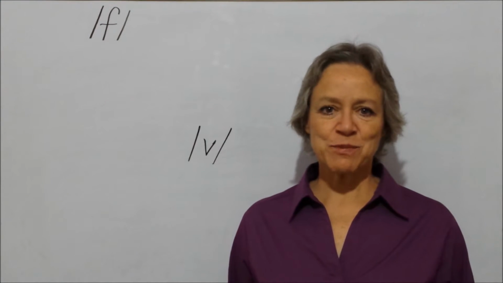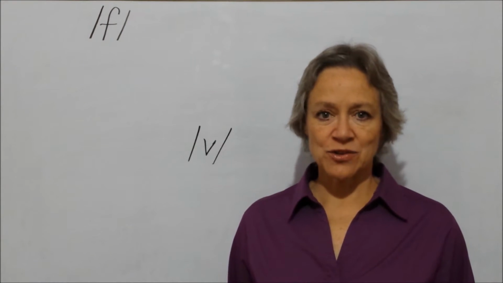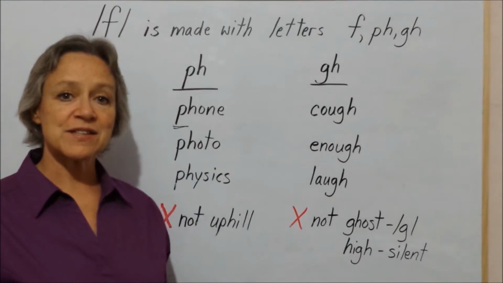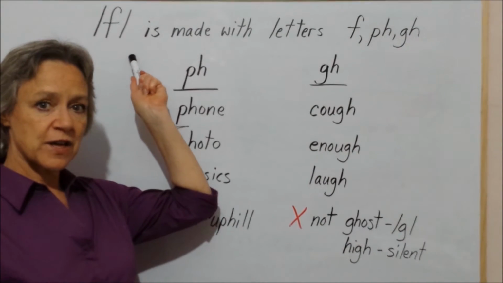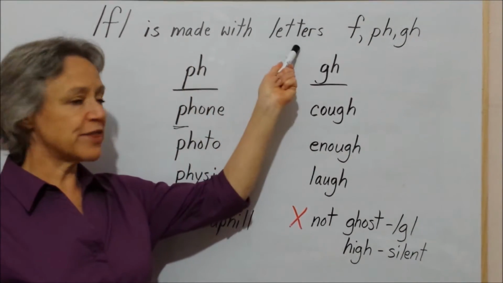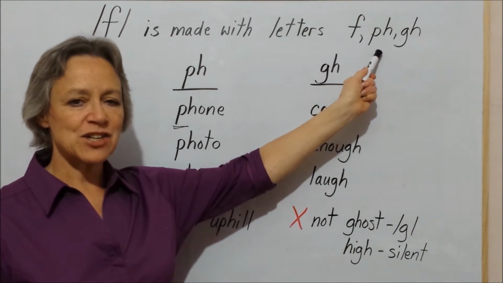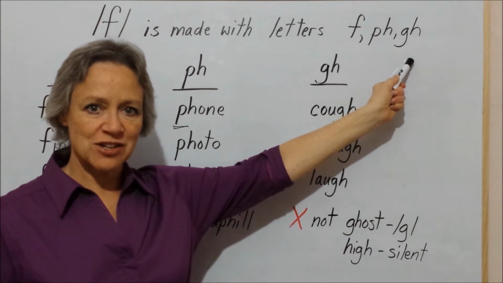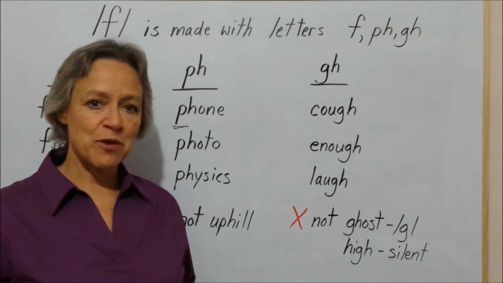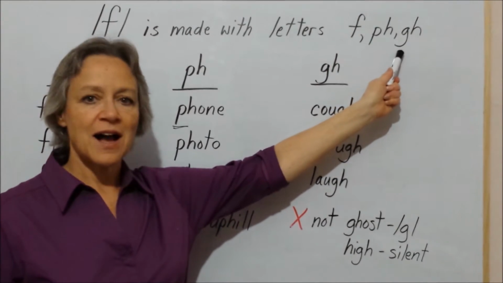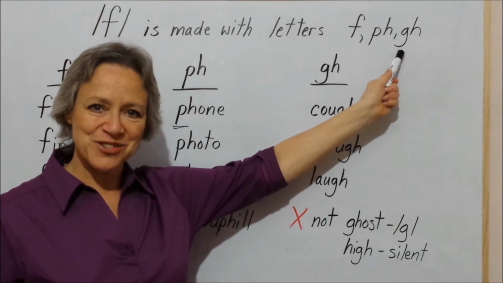Okay? Let's move on and see which letters make the F sound. The sound F is made with the letters F, PH, and GH. And by the way, when I write letters like this, I am talking about the letters.